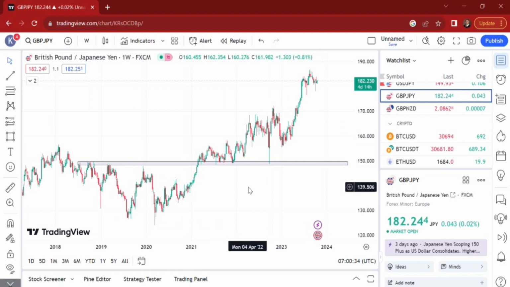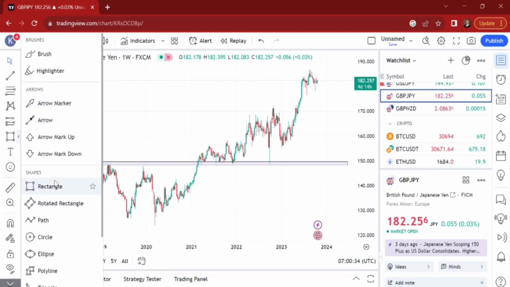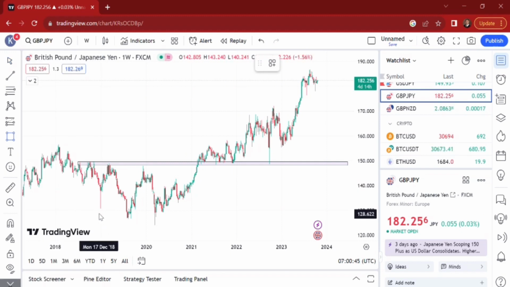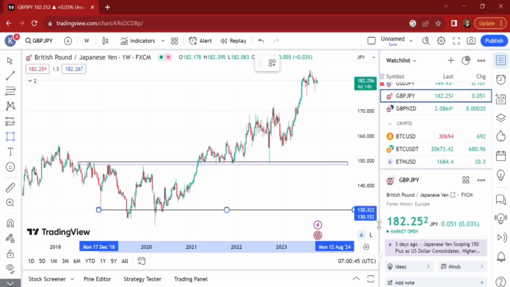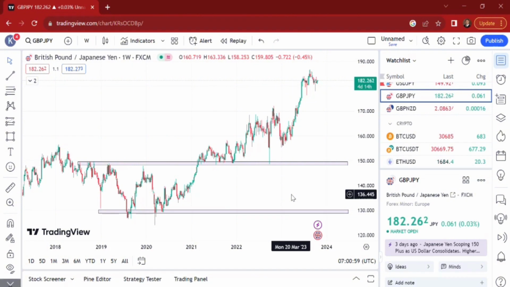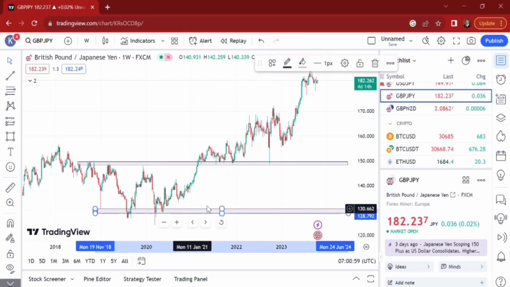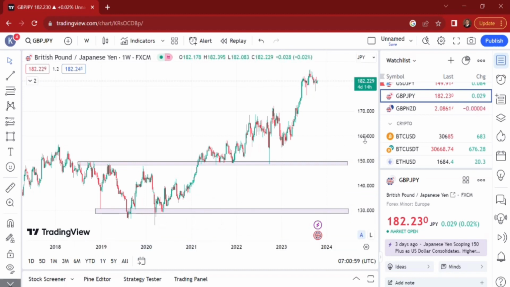You can still see underneath this one here, the price has some touches here. Price has some touches here as well. You could see it.